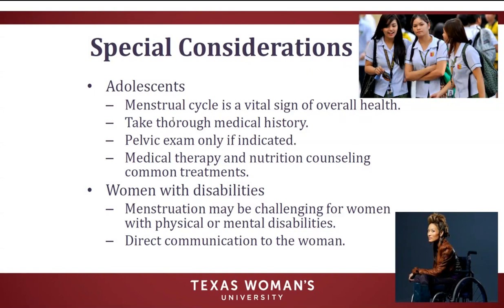If you do have a young woman in the room and her mother or parent, guardian insists on staying, sometimes you're not going to get the most accurate history depending on the dynamic between those people. Some moms will take over and tell you what her assessment is of the menstrual cycle. So if that's happening, sometimes you're going to have to do a little kind redirecting, maybe ask the mom to wait.